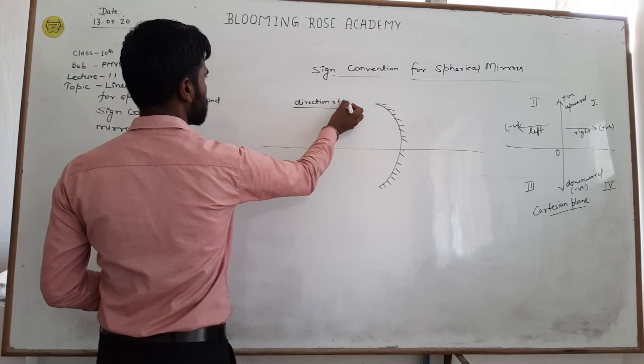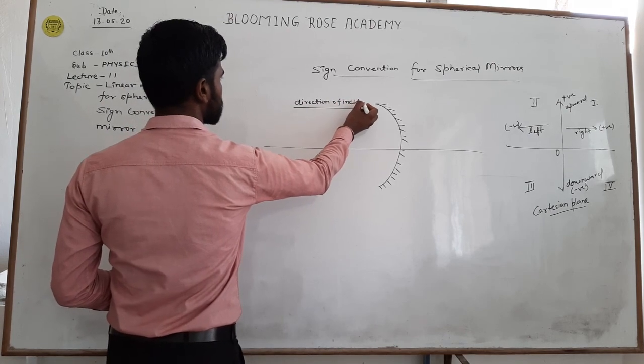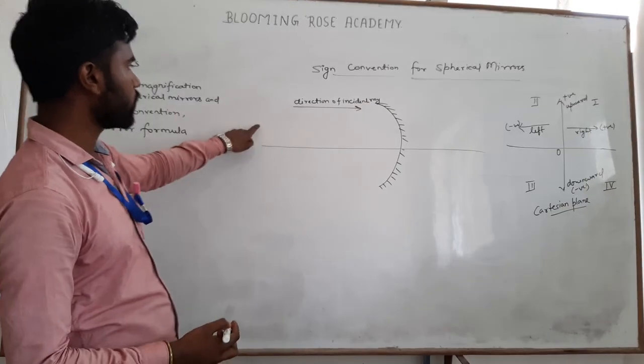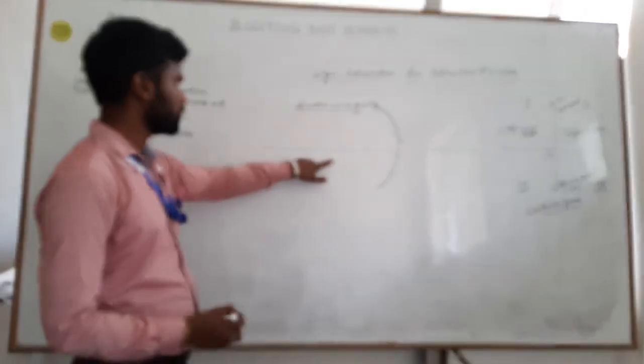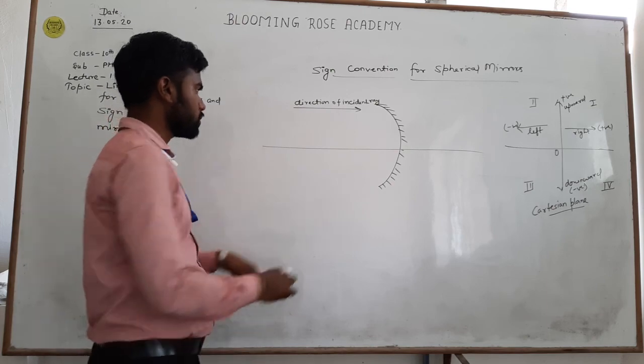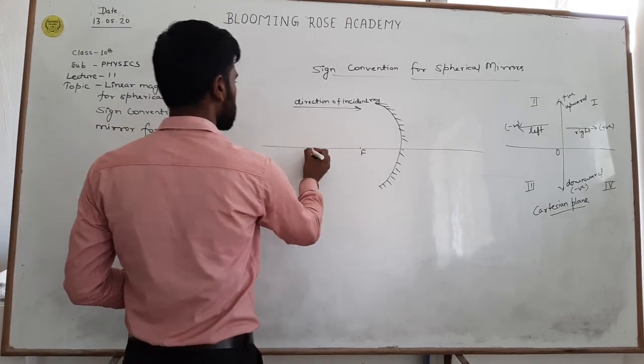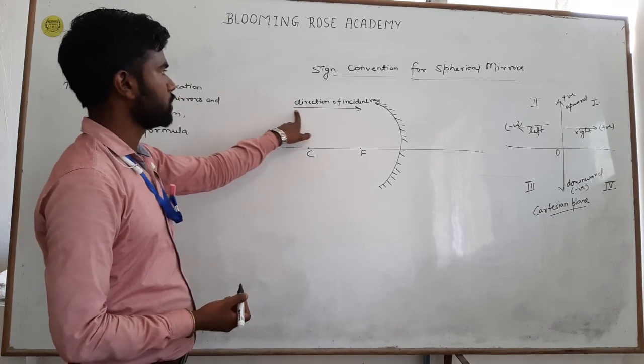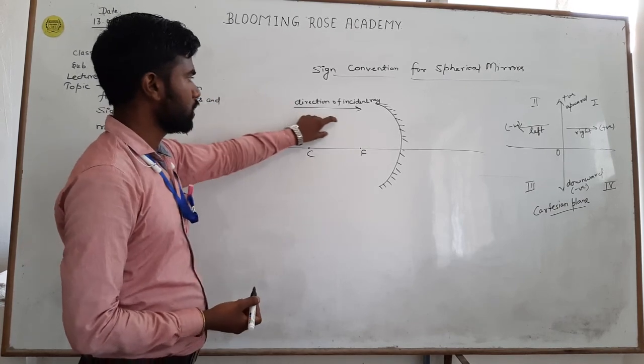Direction of incident ray means when we put any object in this area, as here is the focus and here the center of curvature C, the object will be put here, so light will enter this face.